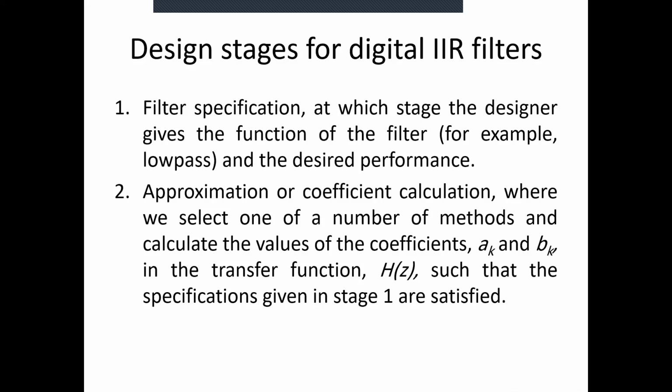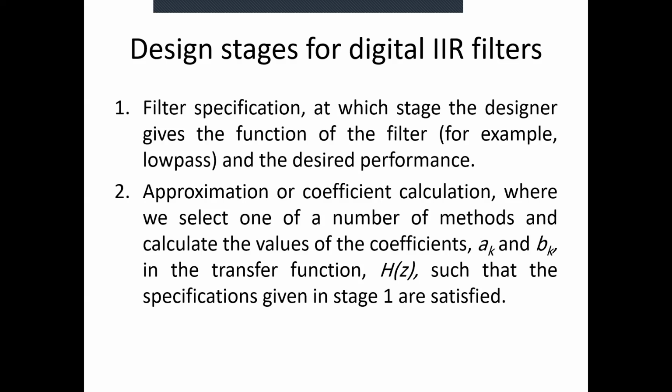No problem. Now, when we are talking about the design of IIR filter, we have a different story. Why? In IIR filter design, we have two kinds of coefficients, AK and BK coefficients. Well, in the FIR filter, we have only H values we are going to calculate.